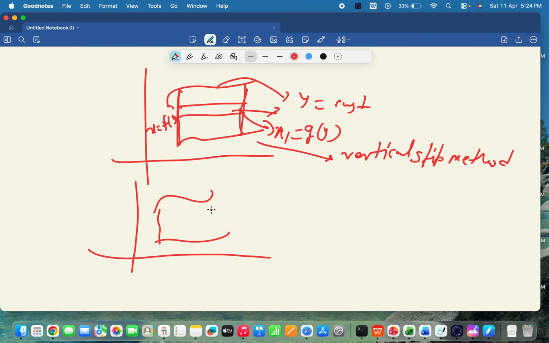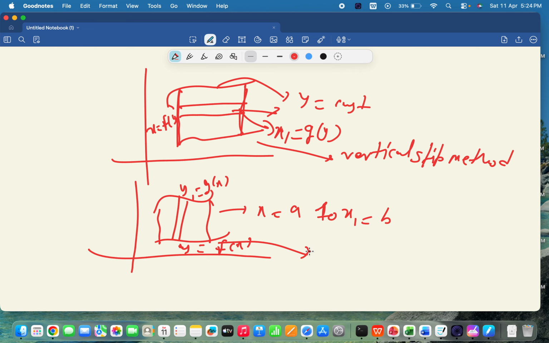Similarly, we can also find a limit this way, parallel to the y-axis. Now this curve y is equal to f of x, and this curve y1 is equal to g of x, and x will be a to x1 is equal to b. So this type of limit is called horizontal strip method.